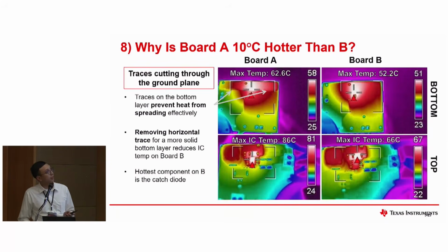When you design your layout, to be able to properly dissipate the heat across your board, you should make sure that there are no traces on the bottom layer of your board. By removing these horizontal traces for a more solid bottom layer, this reduces the IC temperature on board B. This is comparing with the top temperature. You could see that the hottest component on board B is actually moving to the catch diode.